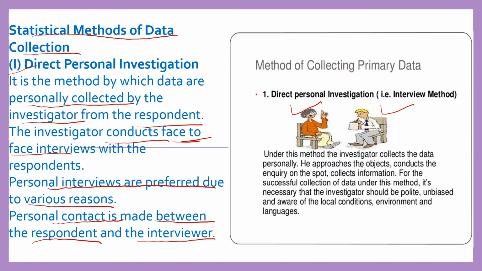He approaches the object and conducts an inquiry on the spot, collects the information. For the successful collection of data under this method, it is necessary that the investigator should be polite, unbiased, and aware of local conditions, environment, and languages.